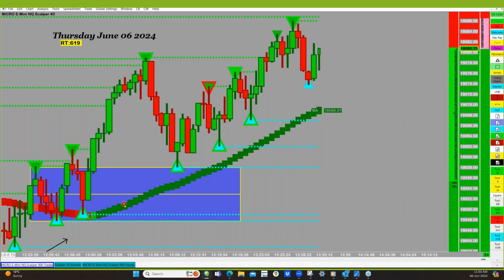So here, I'm going to grab a yellow dotted line. From this swing low to this swing high, you use about halfway. Let me just try that again.